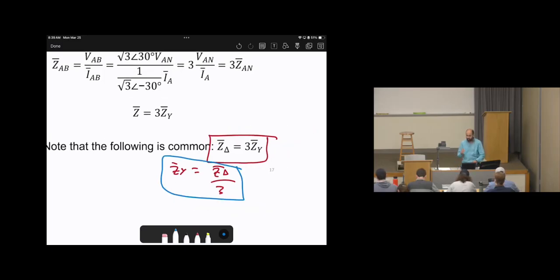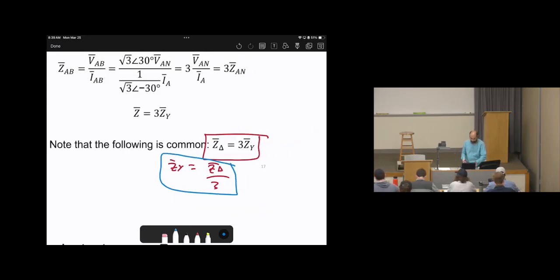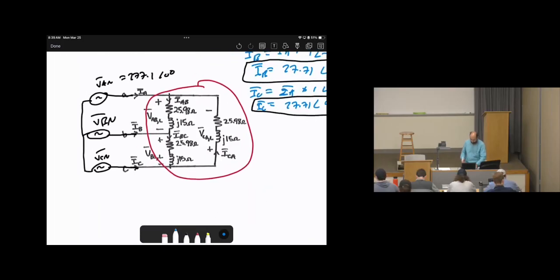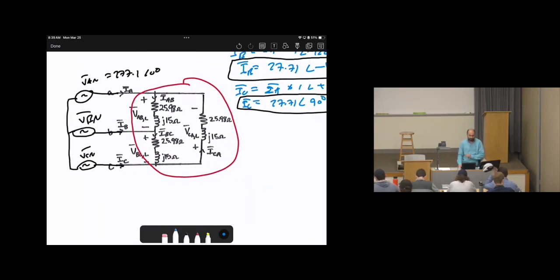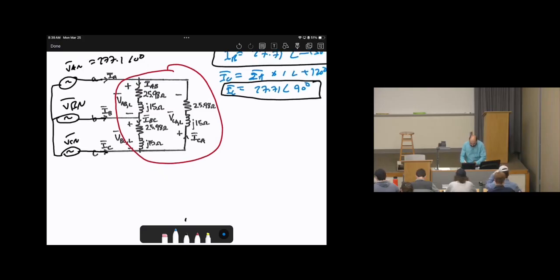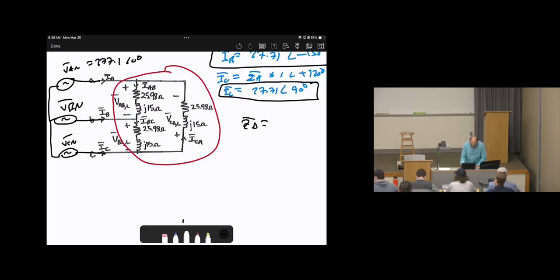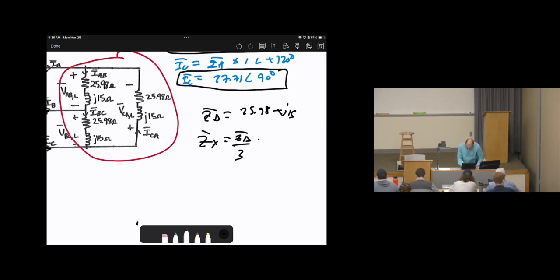So we can say the impedance can be converted from delta to Y. So let's convert this from delta to Y. We have Z delta given as 25.98 plus J15. So let's find ZY. ZY will be Z delta divided by 3, which is 25.98 plus J15 divided by 3. So the answer will be 8.66 plus J5 ohms.